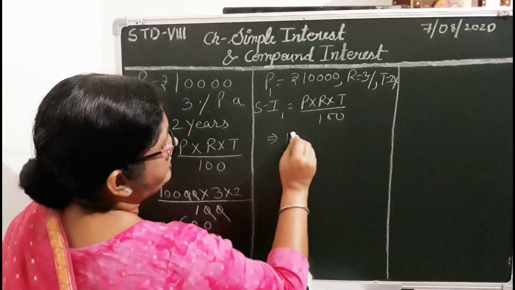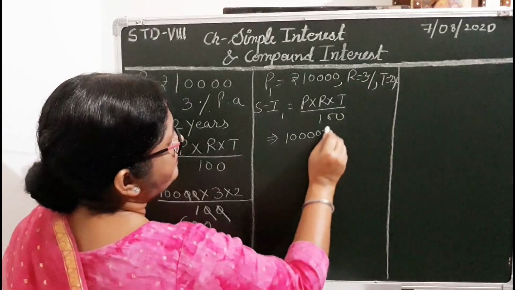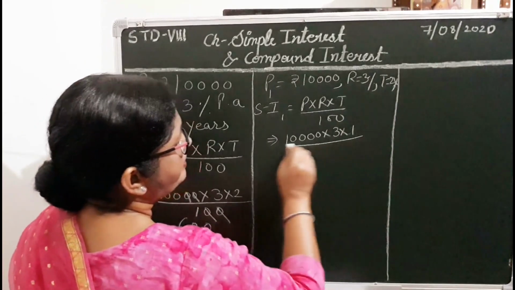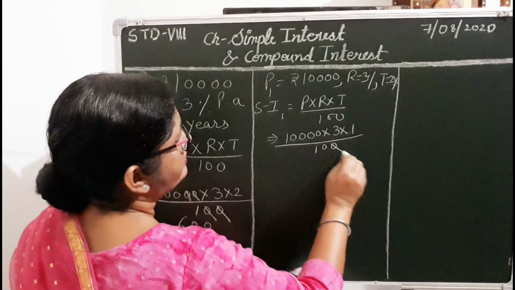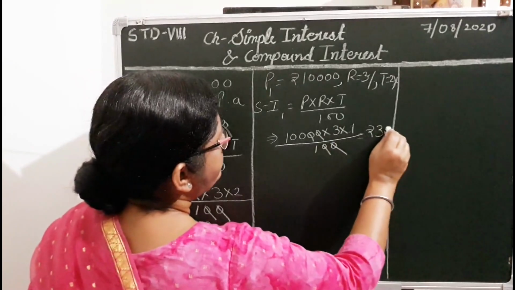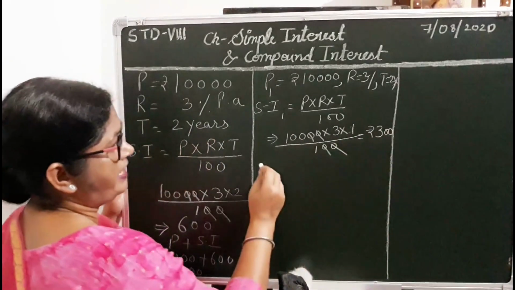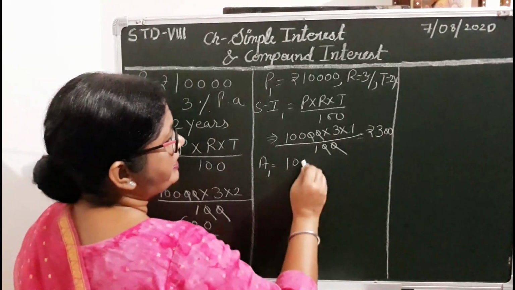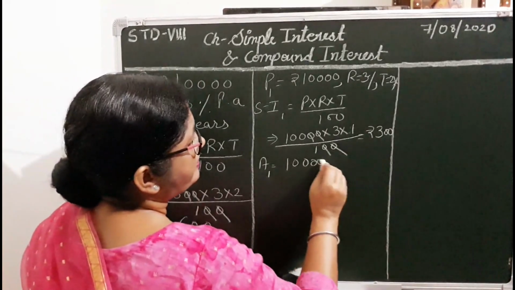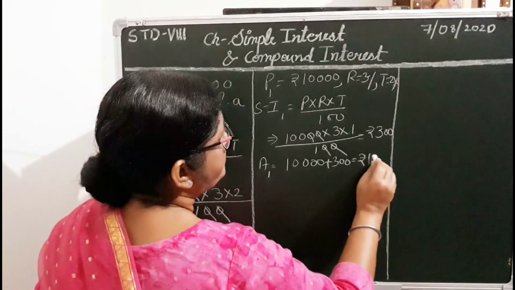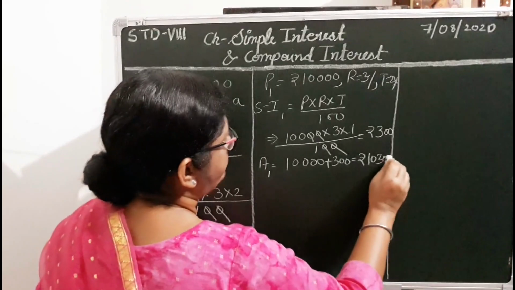P 10,000 multiply 3 multiply 1 over 100 means rupees 300 is the simple interest. And amount 1 is 10,000 plus 300 is equal to rupees 10,300.